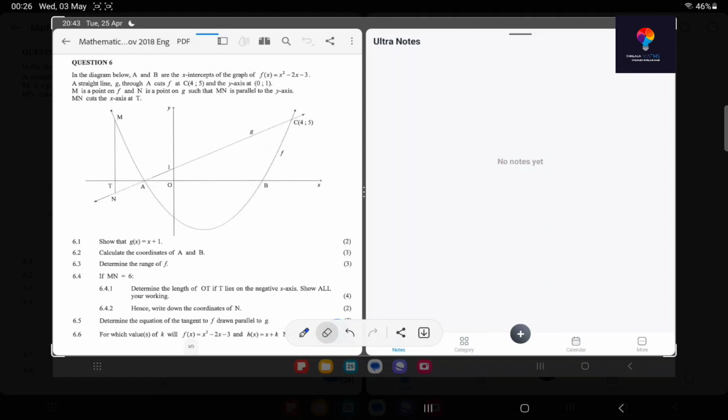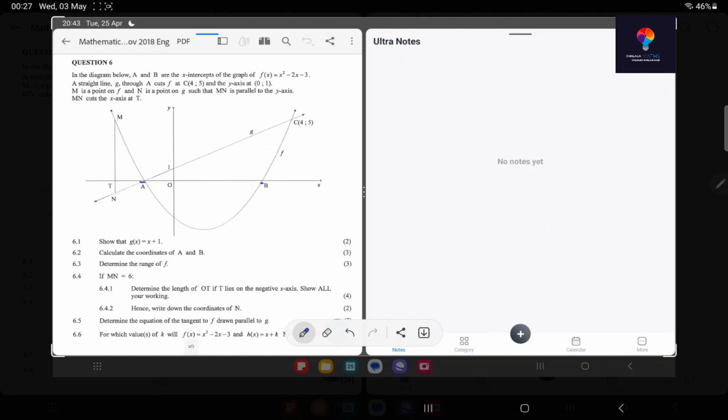Question 6 says, in the diagram below, A and B are the x-intercepts on the graph of f of x is equal to x squared minus 2x minus 3. So the graph is a parabola, and it's concave up.